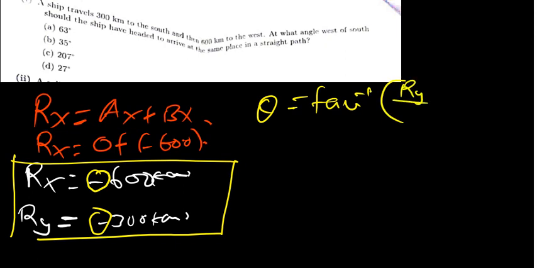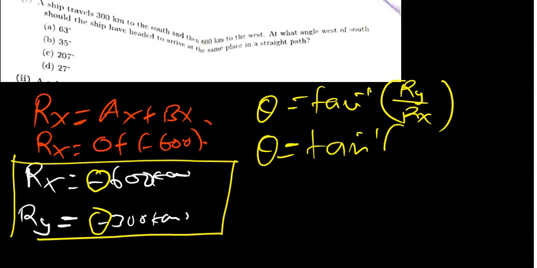Now, before you even find the angle, the x is negative, the y is negative. Where do we expect our angle to be? Third quadrant. And in the third quadrant, what do we do after finding the theta? We have Ry over Rx. Now I plug in the values. Do I include the negative or ignore the negative?